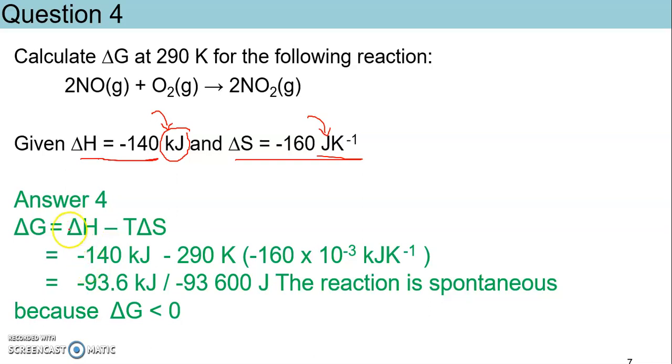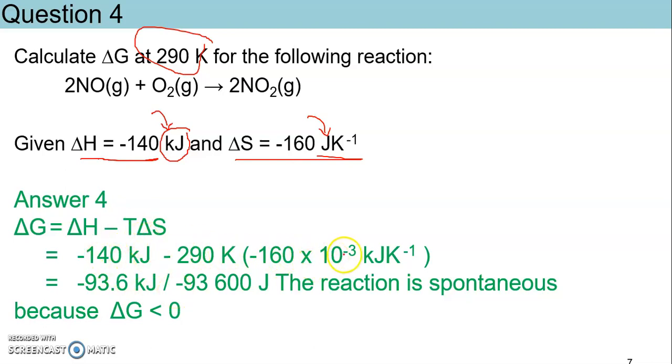So for example here, delta H equal to 150 kilojoule. I take it from here. T, we know that T is 290 Kelvin here. And our delta S is entropy 160. So what I do here is 160 because I want my answer in kilojoule.